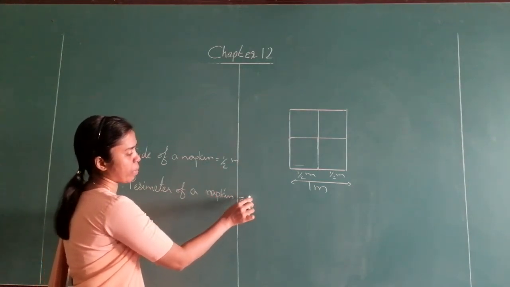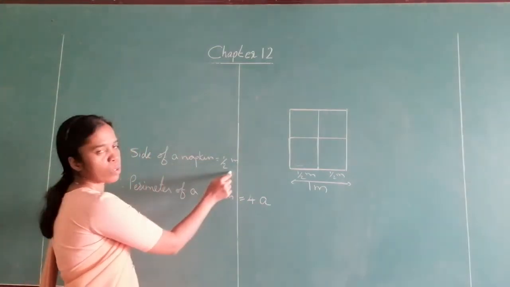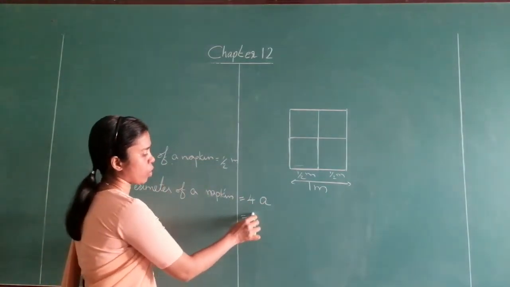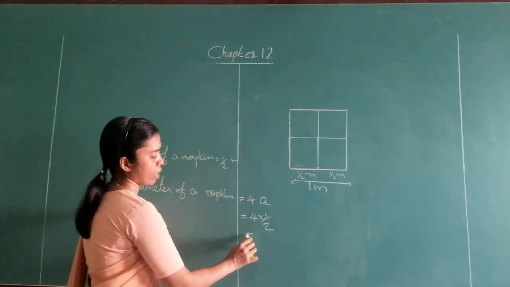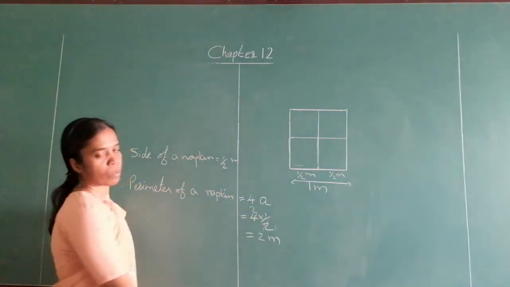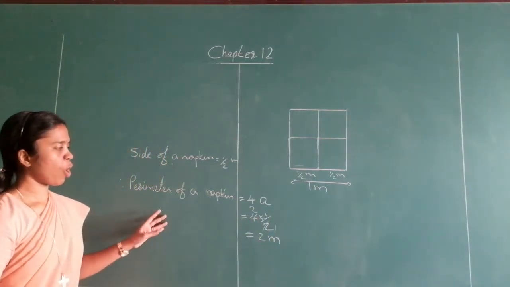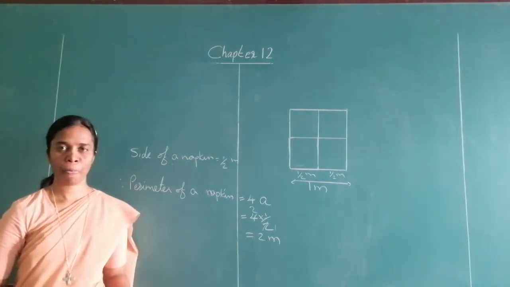What is the formula for perimeter? 4a. Now, side is half, that is a. So this is equal to 4 into half, that is equal to 2 meter. So perimeter of a napkin is 2 meter.